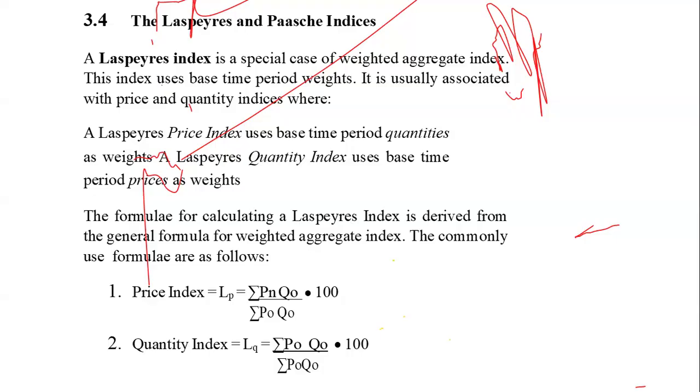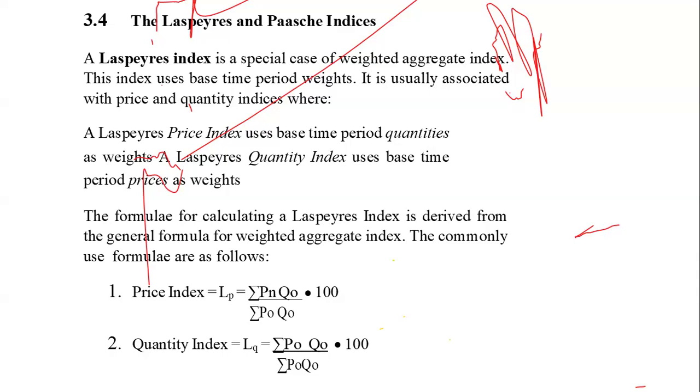Base time period prices as weights. Price index uses period quantities, whereas quantity index uses period price.